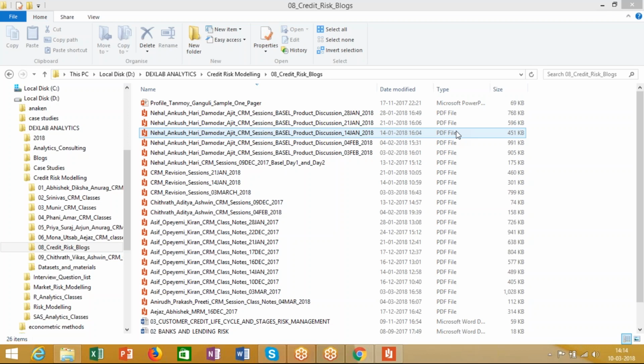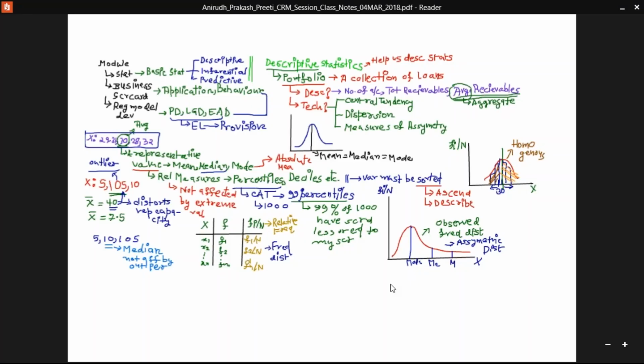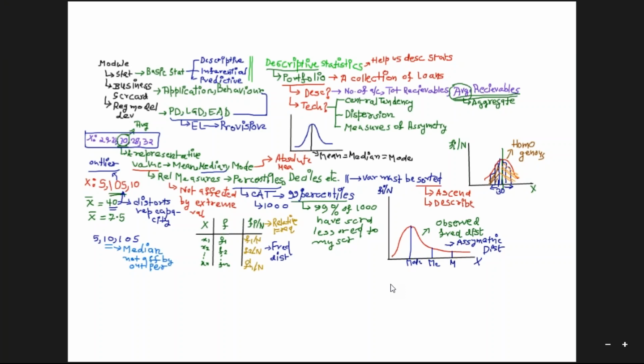So we'll just take up the discussions from the point where we left off in the last class. Just before I move on, a quick round of discussion. We started off discussing the overview of the module. We had discussed that there are broadly two topics from the functional perspective.